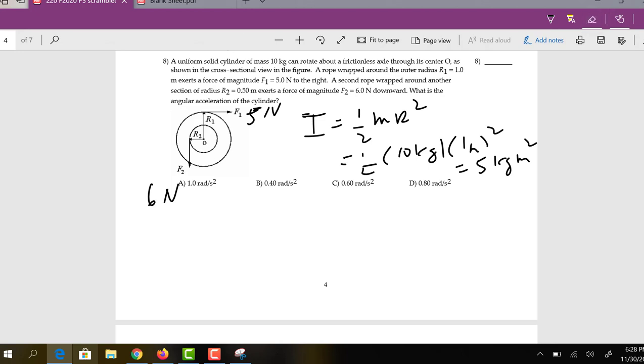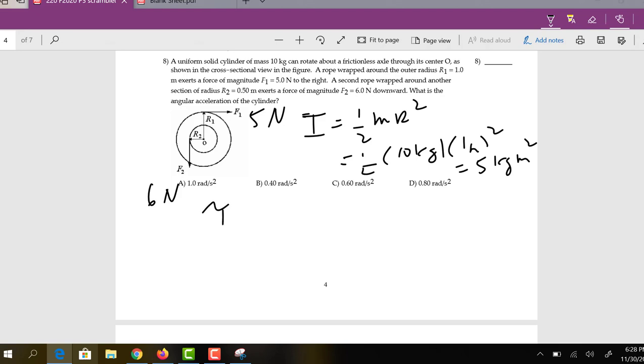Now we actually have more torque trying to make it rotate clockwise. Let me clean that up a little bit. That is 5 newtons, right? Because it's 5 newtons out here at 1 meter compared to 6 newtons with the perpendicular distance of only 0.5 meters. So really this problem should say what is the magnitude of the angular acceleration, because I can already tell it's going to come out to be negative.